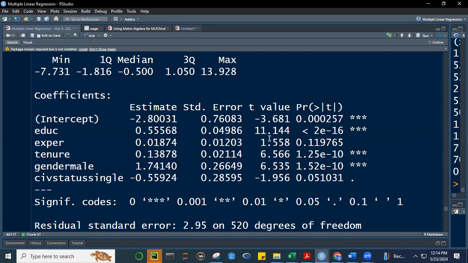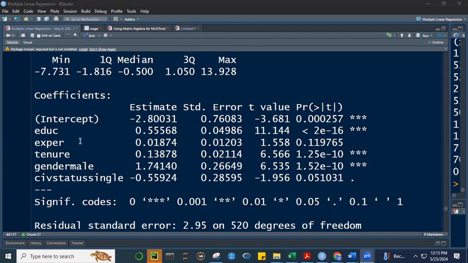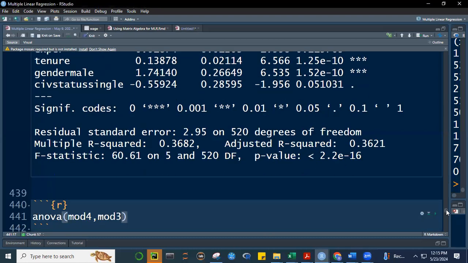So experience has the lower t-value. So this will be your leaving variable. So take note, even if civil status is algebraically the lower number because it's negative, we still take a look only at the absolute value. Therefore, what will be leaving, yung aalisin natin, is experience. Okay?